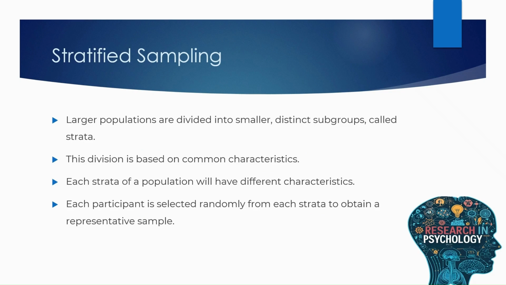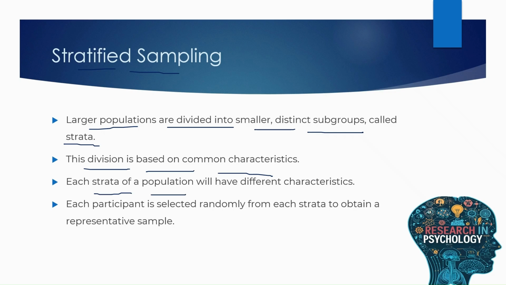After simple random sampling, under probability sampling, we have stratified sampling. Here a larger population is divided into smaller, distinct subgroups called strata. This division is based on common characteristics, and each stratum of a population will have different characteristics, and each participant is selected randomly from each stratum to obtain a representative sample.